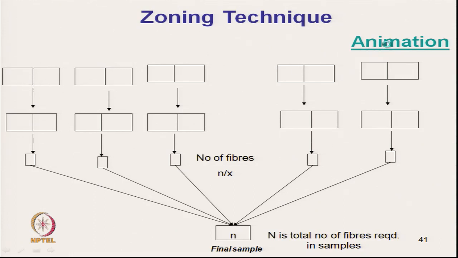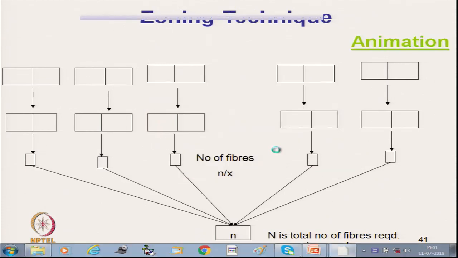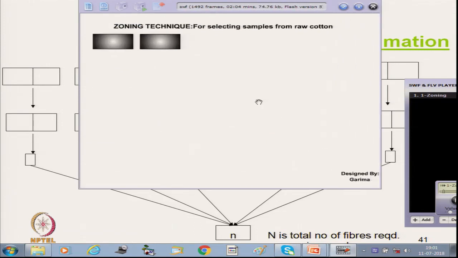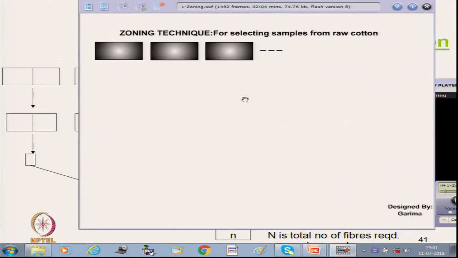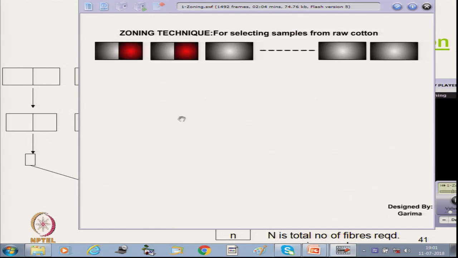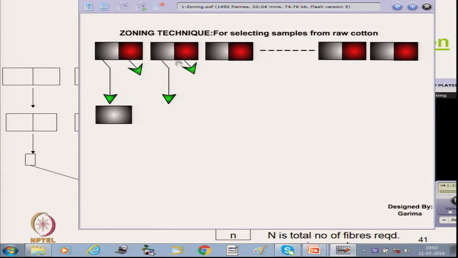Now, this animation will give an idea. Try to see, these are the initial samples. Now, it is dividing into two halves, the red one we have to reject. So, we are discarding, and the rest half we are taking.